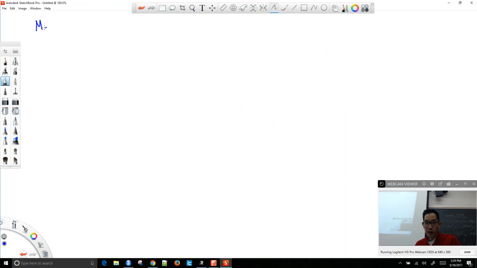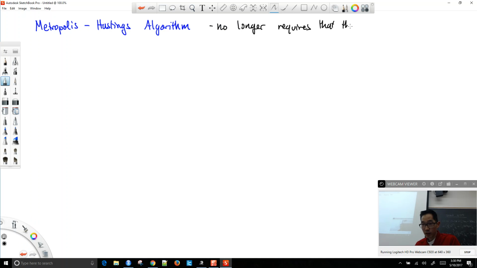The Metropolis Hastings algorithm no longer requires that the proposal distribution or the jump distribution be symmetric.